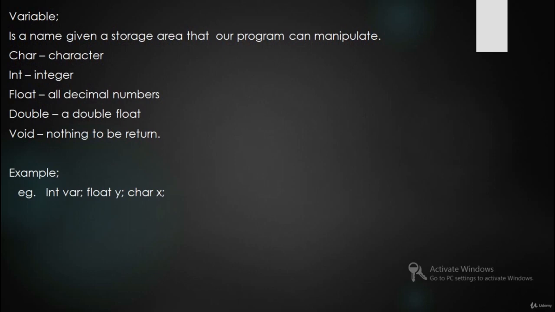For instance, we can have a variable char for character, integer, float, double for a double float, void, which means nothing is to be returned. Examples include integer var, float y, char x.